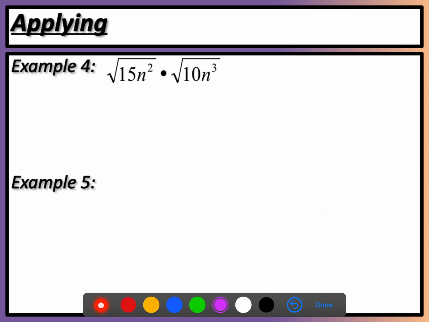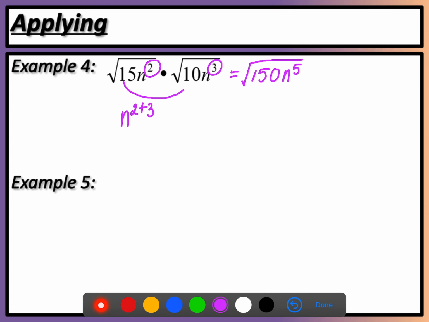We're going to mix in some variables now. You see that there are no numbers on the outside, so we're going to do the coefficients underneath, which is 150, and then when we multiply the variables, remember the rule is to add. But we cannot stop until this is fully simplified.